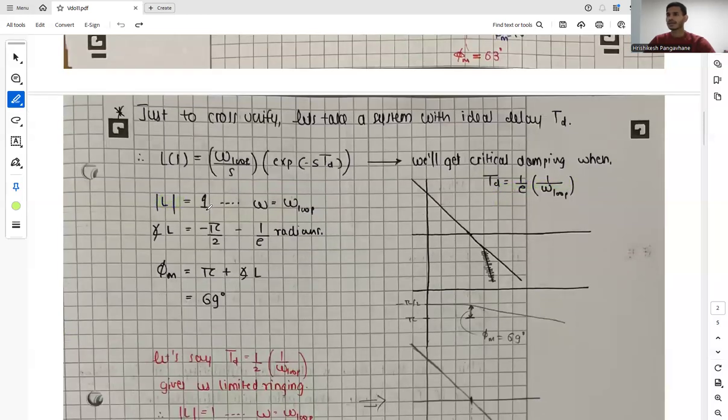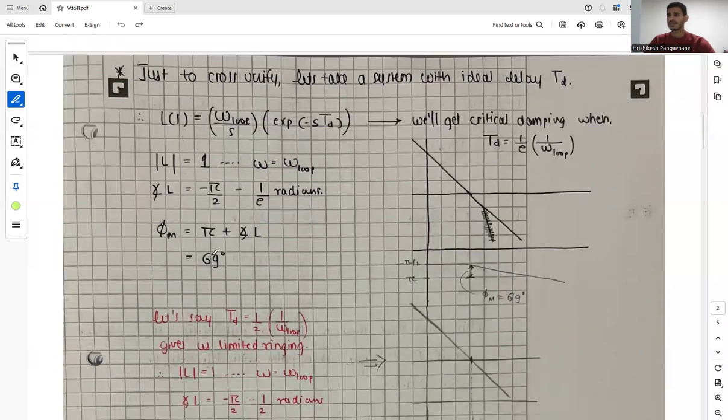And we know the magnitude is exactly 1 when omega equals to omega loop, and the phase will be minus pi by 2 due to the integrator, and 1 by e radians is due to our time delay TD. So basically the phase margin comes out to be 69 degrees, which is very close to 76 degrees, which we had when we had one pole.